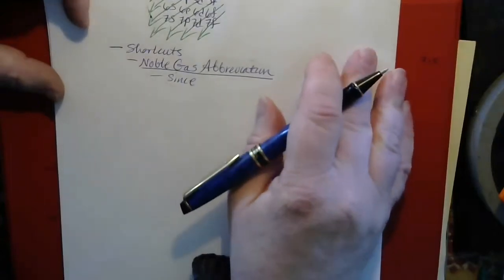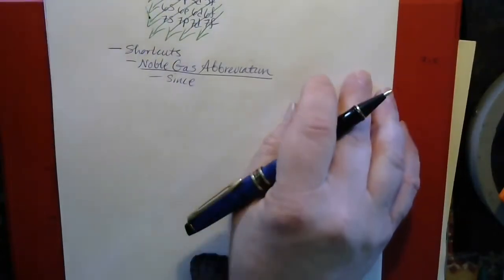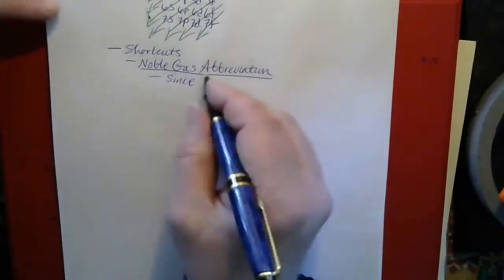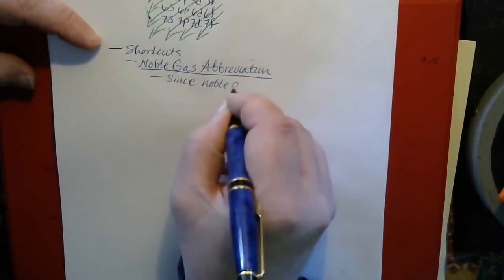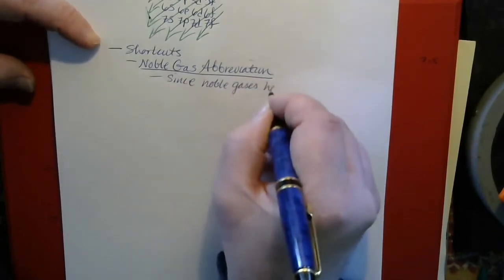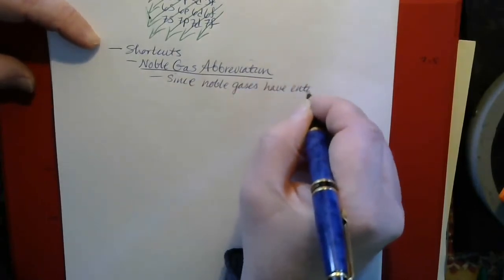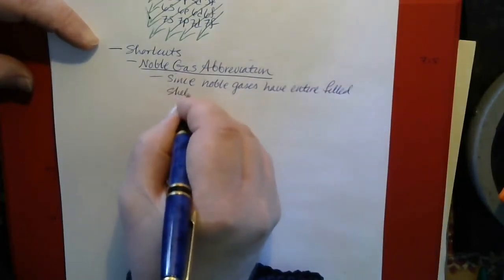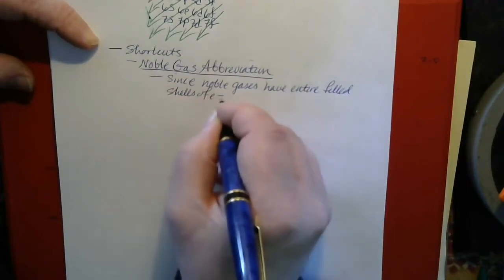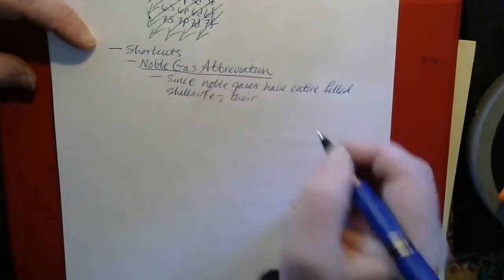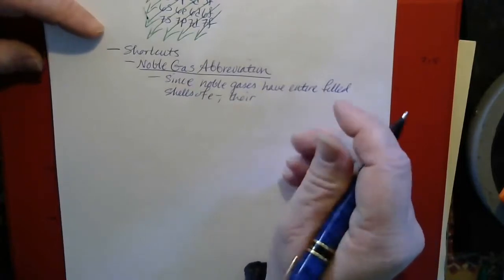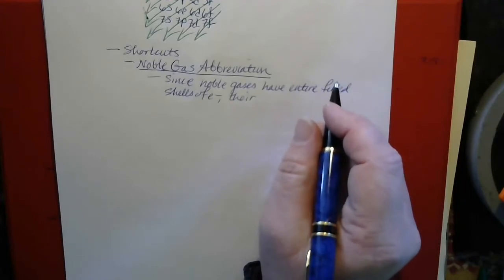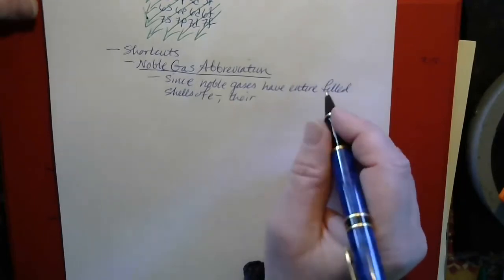I pointed out on the last page that noble gas elements have entire shells that are filled. And what that means is that their electron configurations are the same as the configuration for the core electrons of other elements in the ground state.